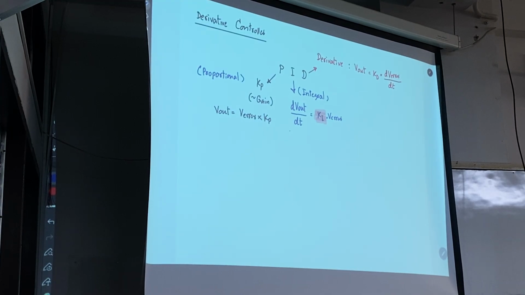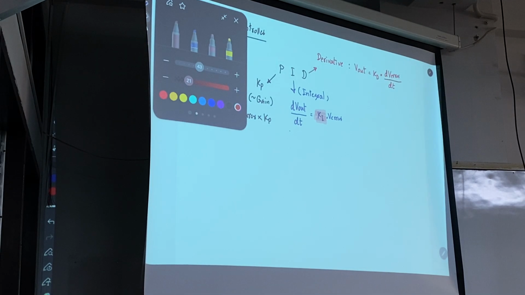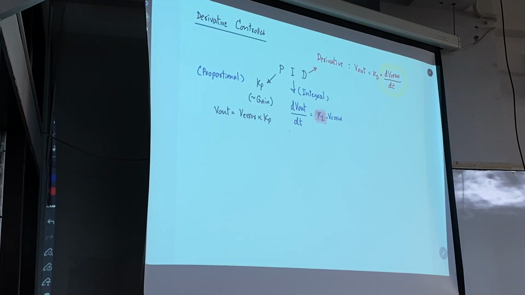And so we can make very fast reactions when your input has a change like a step change. If the error changes like this, it is called a step change.